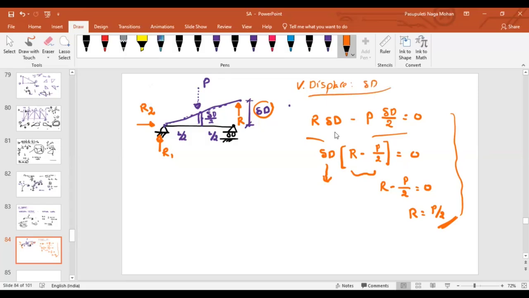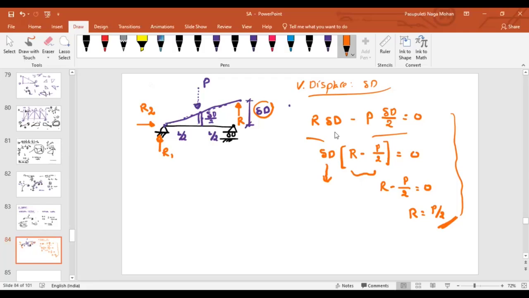Not only here, you can take any problem, even a complicated one, and if it is in equilibrium and you want to find any unknown reactions, or the relation between any forces, you apply a virtual displacement and make the net work done equal to 0.